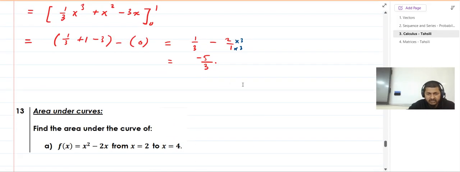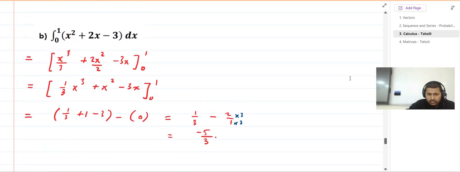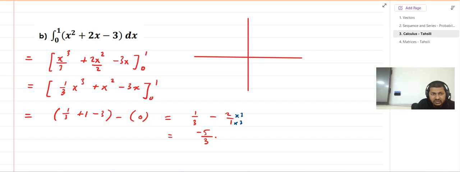It's like a net area, because remember, when you find the area under the graph like this, area is supposed to be positive, but because of the way this is sketched, remember this is a parabola, a quadratic function with y-intercept being negative 3, and I think the intercepts are negative 3 and 1. So geometrically what this is representing is an integral from 0 to 1.